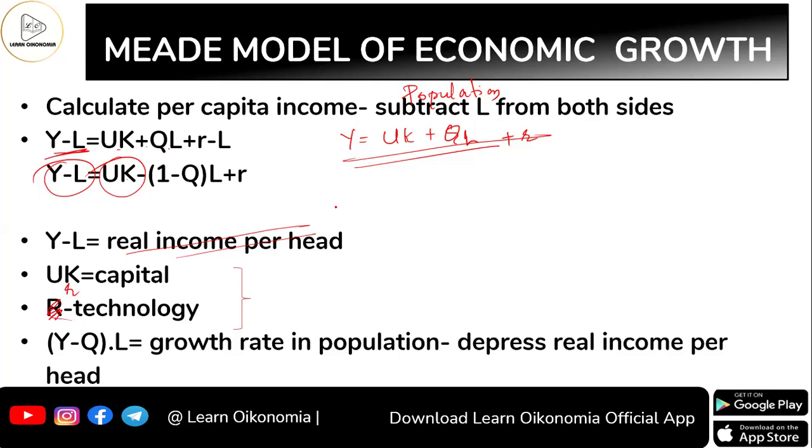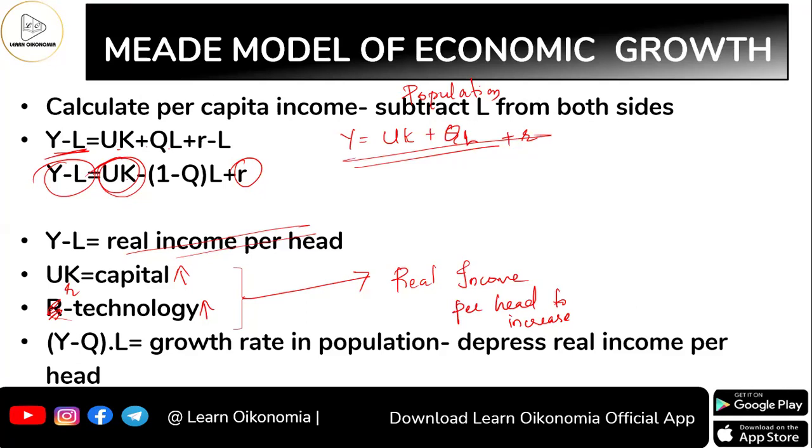So you could find that whenever UK as well as R increases, this increase in both of these will make real income per head increase. So whenever there is capital increase in the economy, real income per head would increase. Whenever there is technological progress in the economy, real income per head would increase.